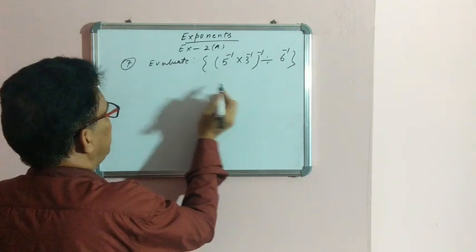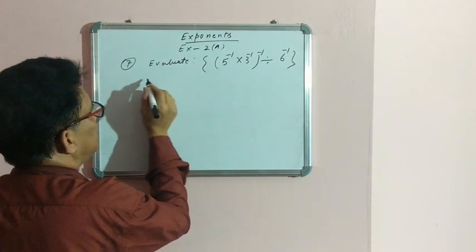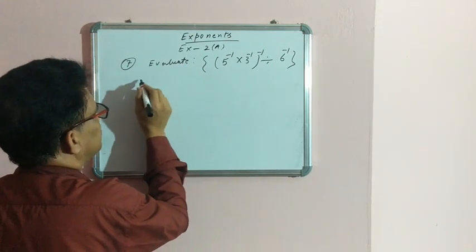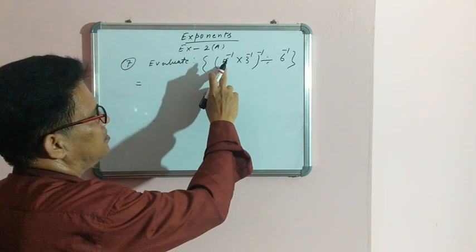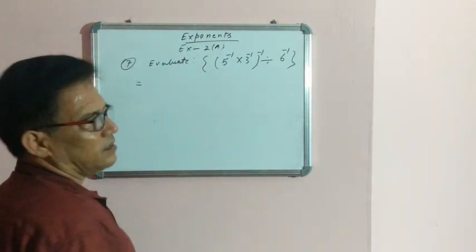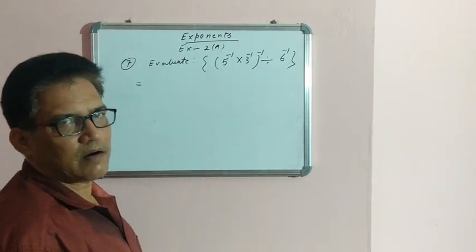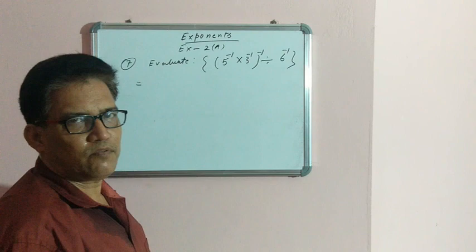So what we can write? This is equal to 5 power minus 1. So 5 by 1 power minus 1, that will become 1 by 5.